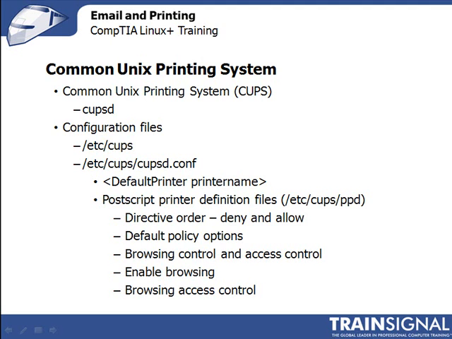Settings for each printer section of the configuration file could include directive orders like deny and allow, default policy options, browsing control, which indicates from whom it can accept browsing requests, access control, which usually mirrors browsing controls. Then you also have enable browsing and browsing access control, which controls the broadcast address.